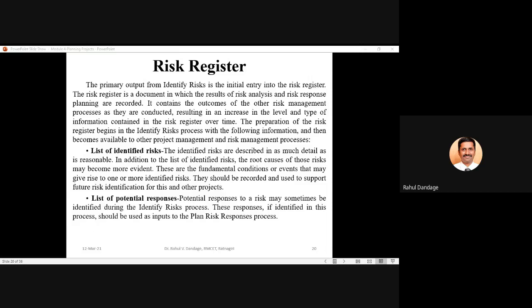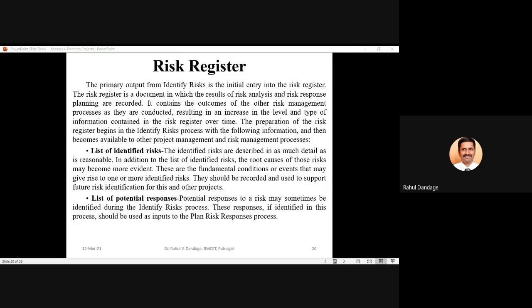The risk register is a document in which the results of risk analysis and risk response planning are recorded. It will contain all the risk categories that have been identified, the analysis of your risk, and the possible risk responses planned for that risk category.